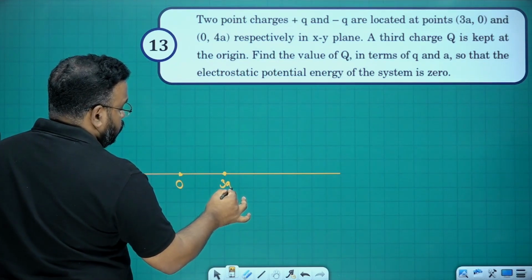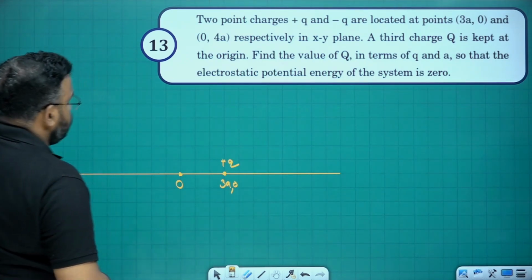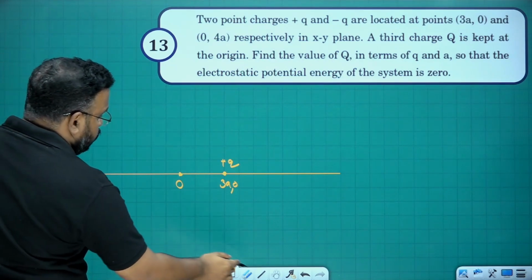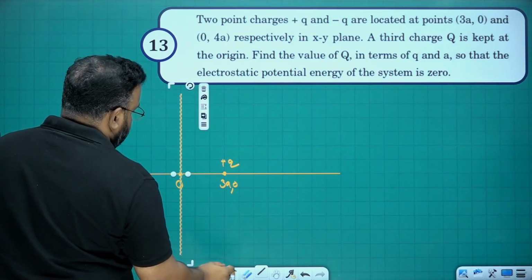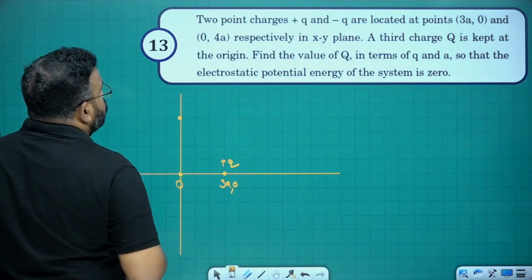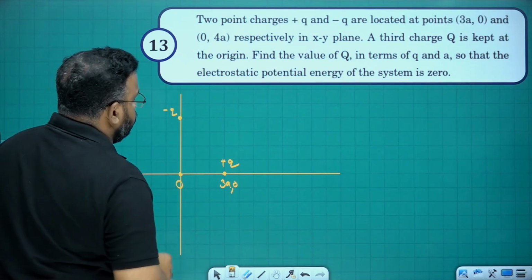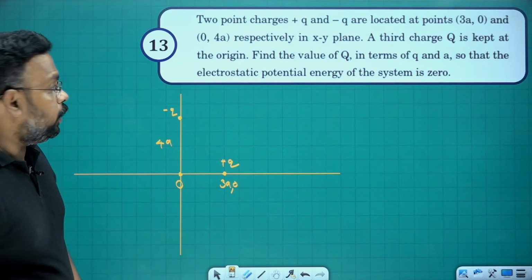So this is 3a, and the y coordinate is 0. Here we are keeping plus q. And where is minus q? Minus q is at (0, 4a). So it is on the y-axis, right? The x coordinate is 0, the y coordinate is 4a. So here we are going to keep minus q. Got it? Yes.